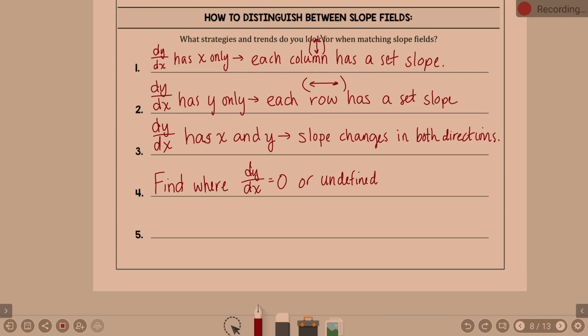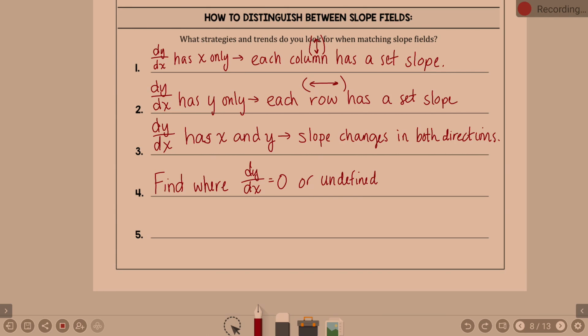Did you say something about where it's greater than 0? Okay, so positive versus negative. Especially if you can figure out that this whole area needs to be positive, or this whole side needs to be negative.